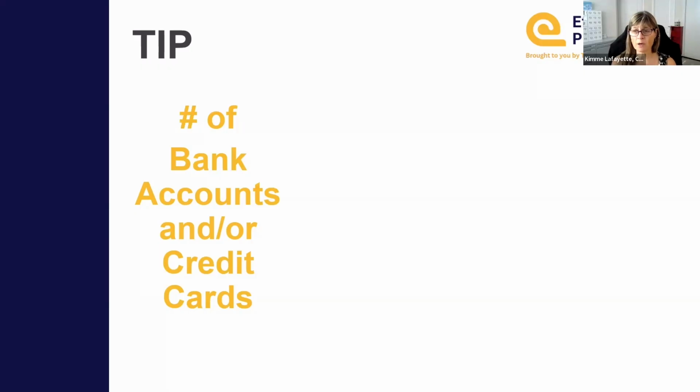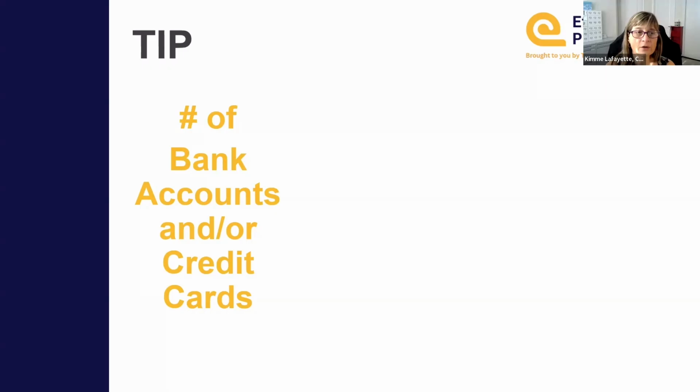I keep my model simple and price per account because in my niche, they don't often change the number of bank accounts they have. So I don't see a lot of scope creeping up here. This is another tip from Teresa.